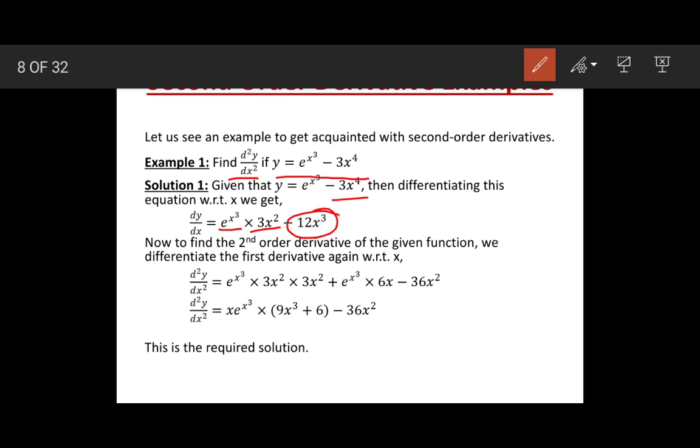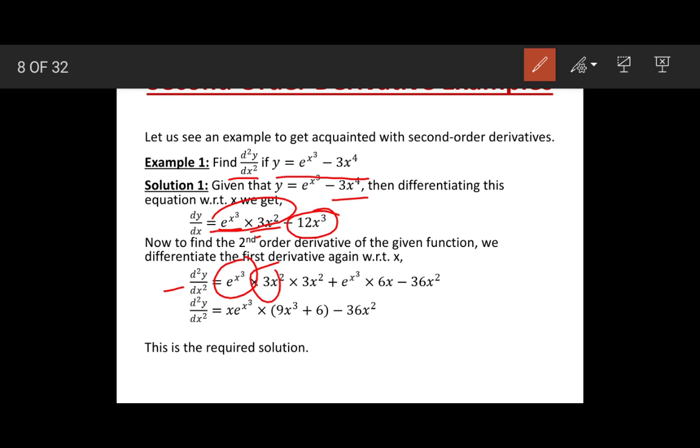Now again I am differentiating this with respect to x. So what am I getting? d2y upon dx square. So e raised to x cube into 3x square as it is. Now we have to apply the u into v formula.